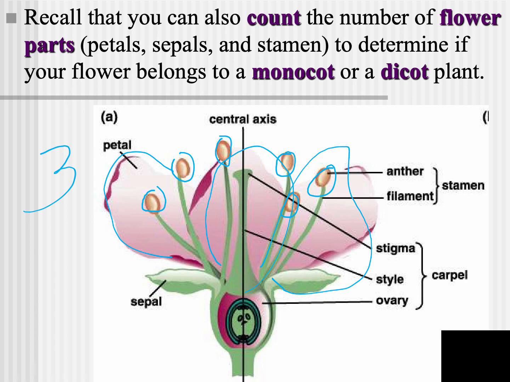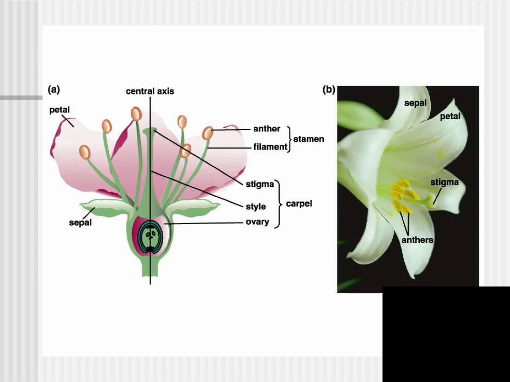And in the carpel, as I told you, the stigma would look like that, so that it has 1, 2, 3 parts to it. And so what we know is that this particular flower would then be classified as a monocot. And here you can see a lily again, the stamen, the anthers 1, 2, 3, 4, 5, 6, and the stigma, it's kind of covered up, but it would be 1, 2, 3 parts. And you have 1, 2, 3, 4, 5, 6 petals.